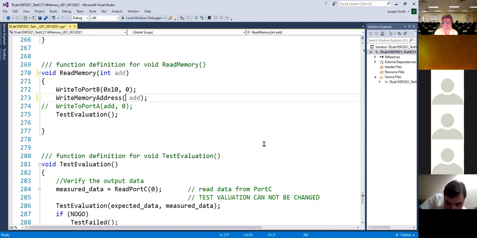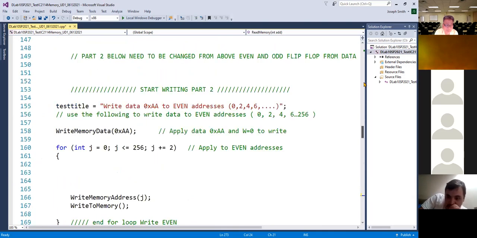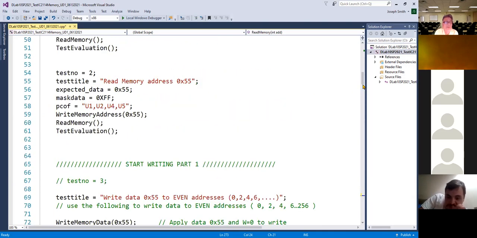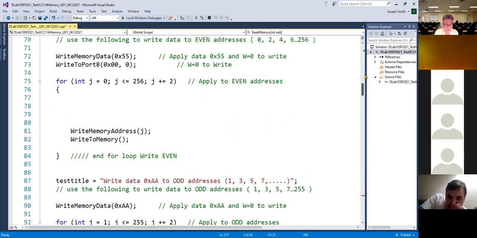Oh, okay. But in your read memory declaration, you have to check that they have to be the same with the one you get in the function definition. Okay, so I need to go up to get the read memory declaration.